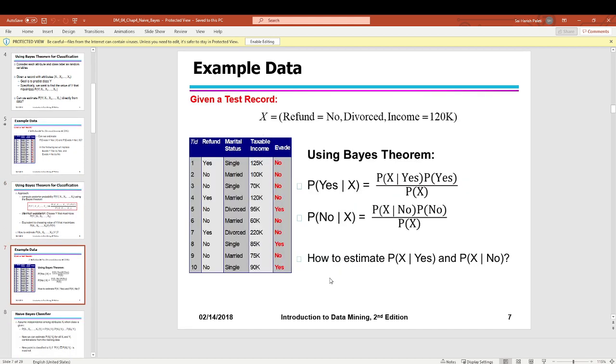Now we'll take the help of the Bayes theorem for calculating the conditional probabilities for the given input x, and here is the formula for the Bayes theorem. Suppose we want to calculate the probability of yes given x: it is the probability of x given yes, times the probability of yes, divided by the probability of x.